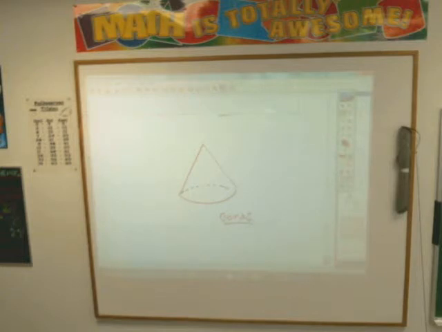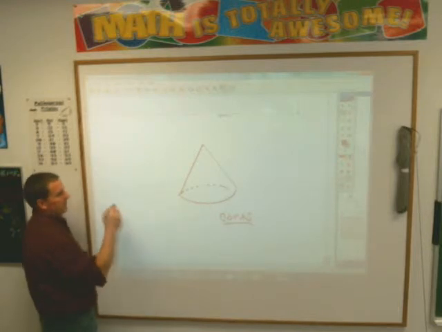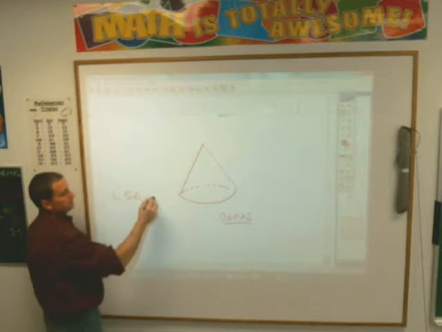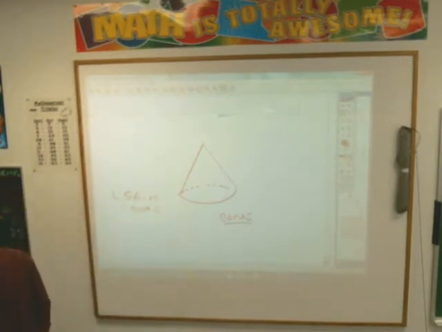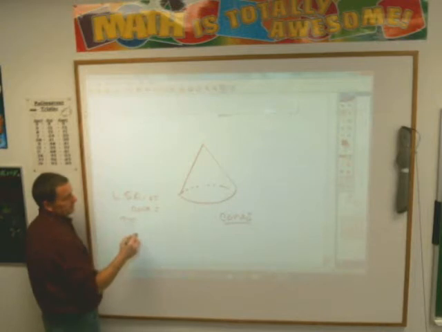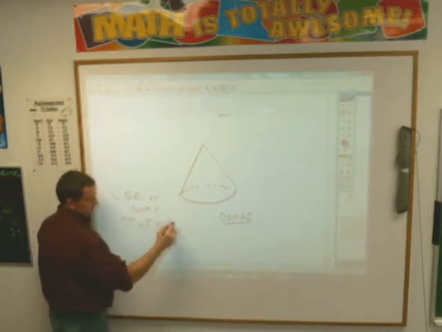It looks great. You will like this because this is much simpler. It's the same formula, but you can write it out a lot nicer. The lateral surface area of a cone equals pi times radius times slant height.